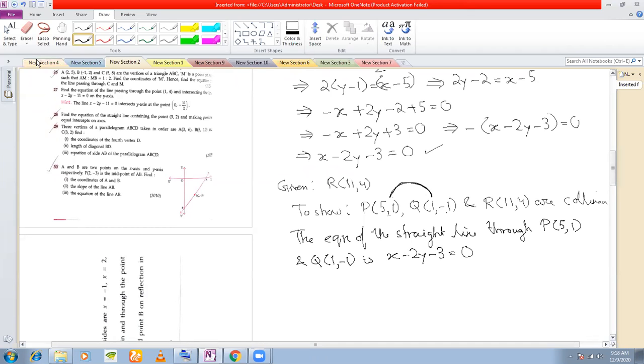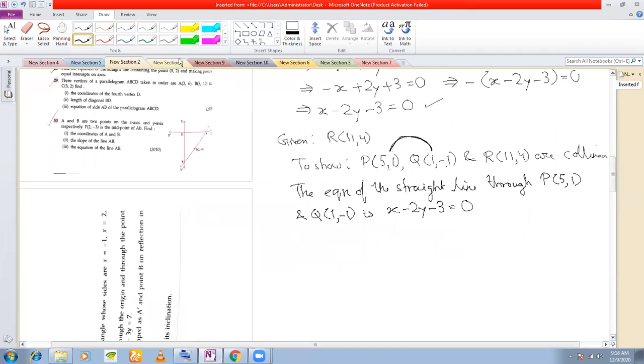Now, let me just draw a rough figure here. Suppose you have this straight line, and you have 2 points P, (5, 1), and you have another point Q, (1, minus 1). Then the third point, if these 3 points are collinear, they must lie on this line only, right? If R is collinear with P and Q, then R must lie on the same straight line.